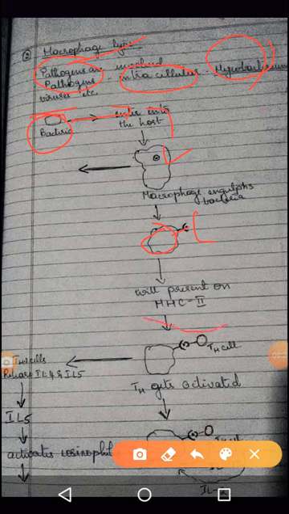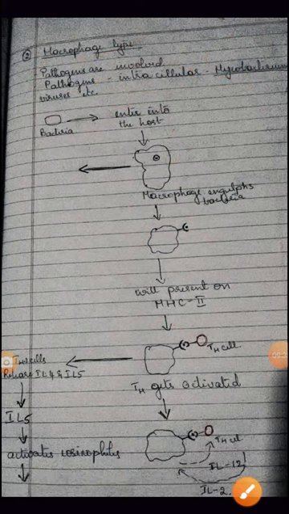Here MHC class 2 is involved. Now this MHC class 2 will activate the T helper cell. It will activate the T helper cell, not the TC cell. In the previous one you had seen that it activates the TC cell, but here it activates the T helper cell.